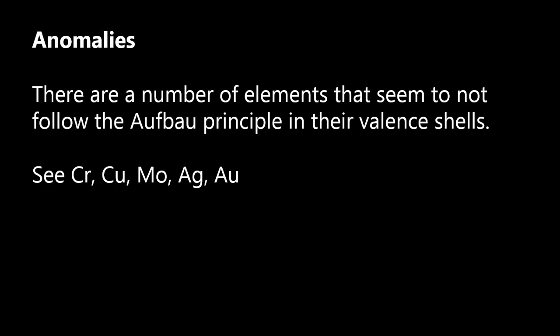And so we're kind of left wondering, okay, why is that? So I've got some examples here: chromium, copper, molybdenum, silver, gold. The expected electron configurations are a little bit different than the actual electron configurations for these atoms.